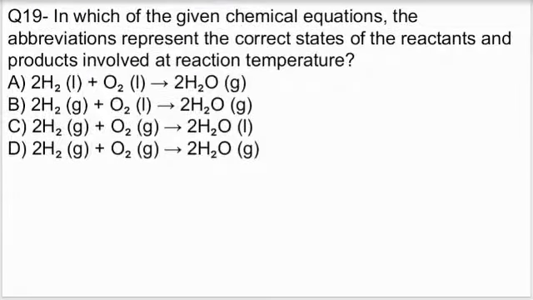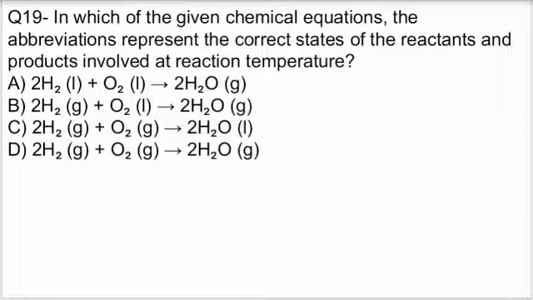Next question. In which of the given chemical equations the abbreviations represent the correct states of reactant and product involved at reaction temperature? A. 2H₂ liquid plus O₂ liquid gives 2H₂O gas. B. 2H₂ gas plus O₂ liquid gives 2H₂O gas.